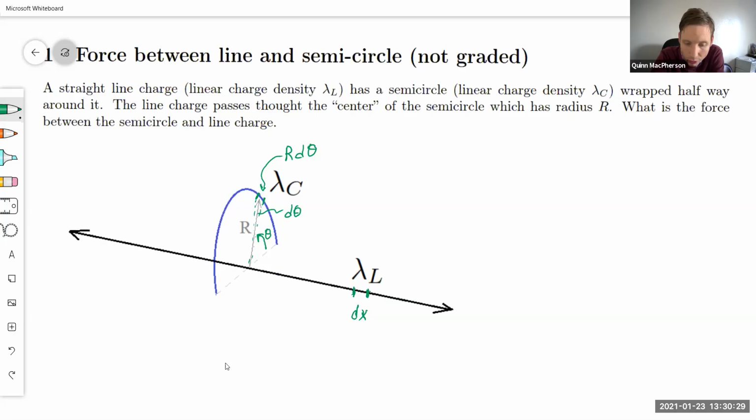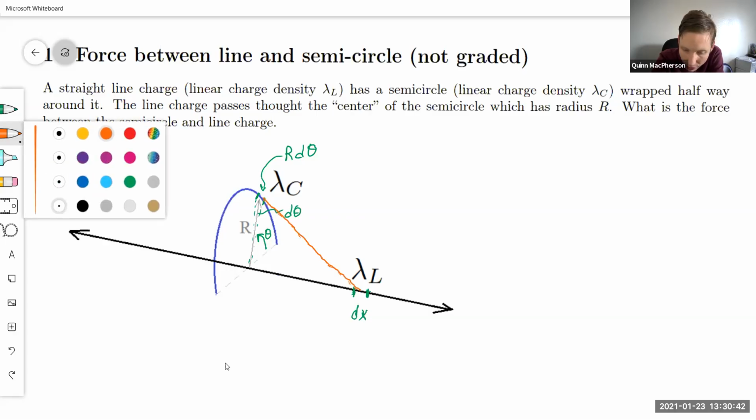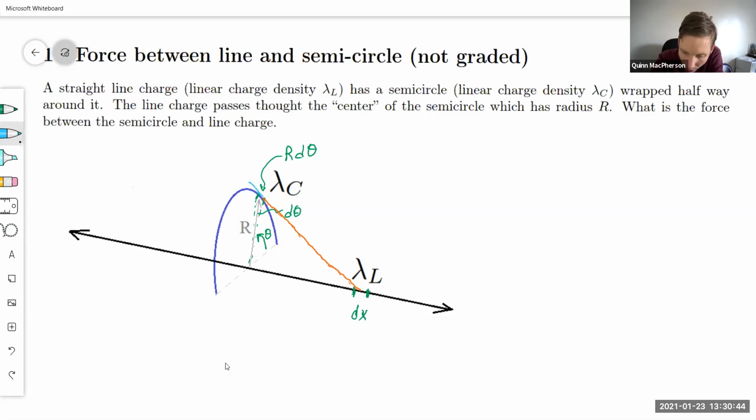Okay, so I want to find the force between these two segments. I'm going to draw a line between the two of them. Assuming they're both positive, which we will for now, the force between these two line segments points off in that direction. If one of them is negative, it'll just point in the opposite direction.